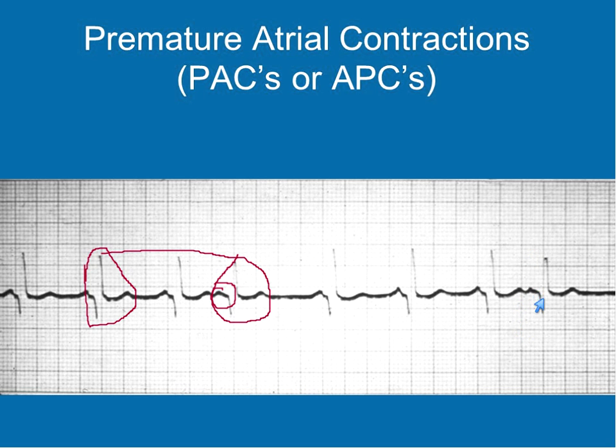They have a P, QRS, T, so they do generate a pulse. If you're feeling the patient's radial pulse at this time, you might notice that that occasional irregular beat, the early one, might be a little bit weaker because the ventricle didn't fill as full. It didn't have quite as much time because that impulse was generated.